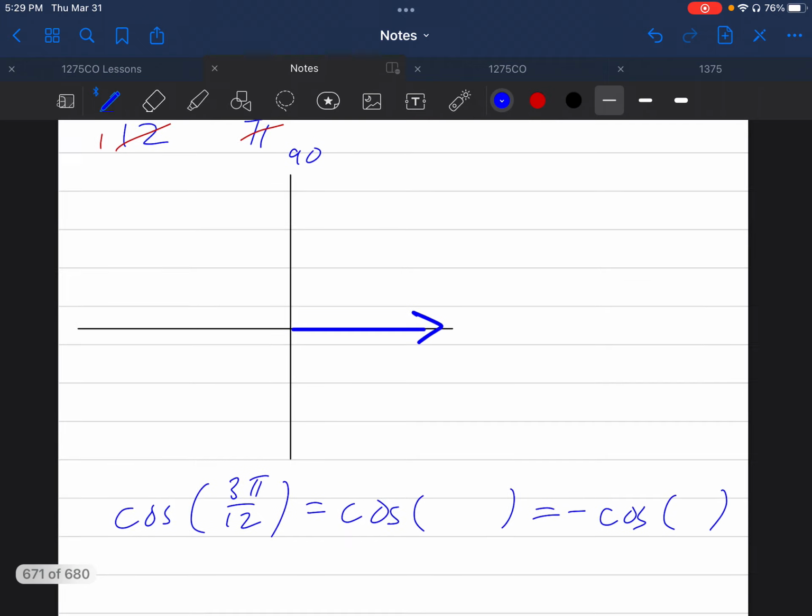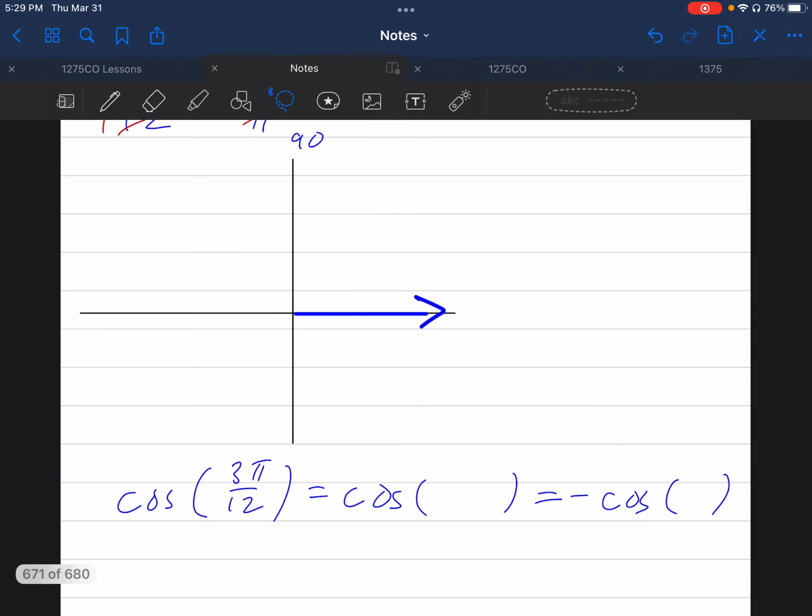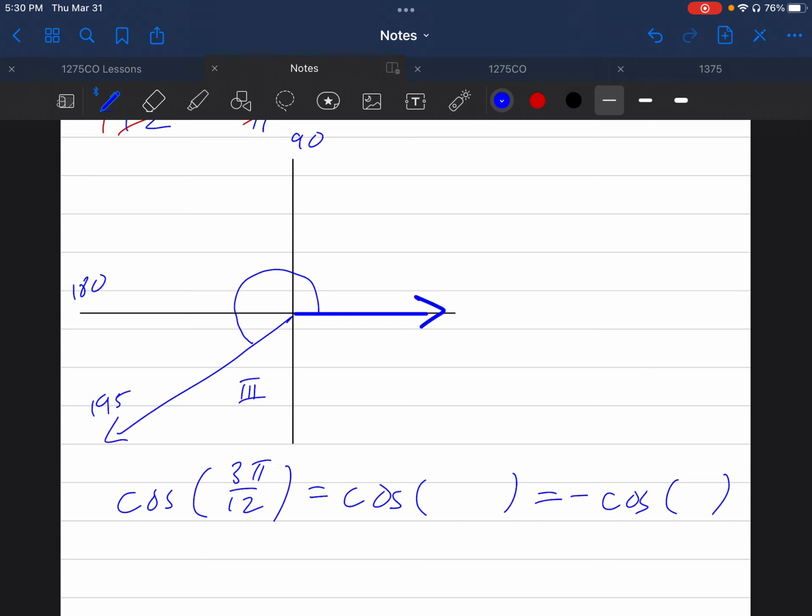An angle starting over here on the positive x-axis swinging past 90, past 180, 195 is going to sit in quadrant 3. And the reference angle here, 195 minus 180, is equal to 15 degrees.